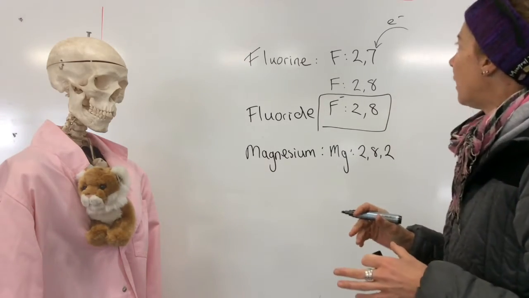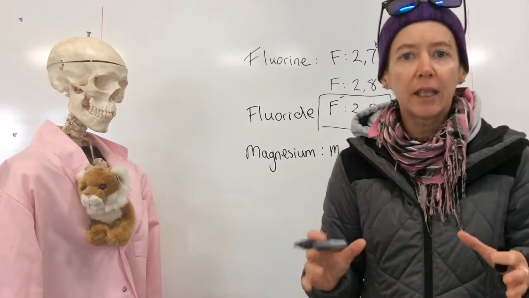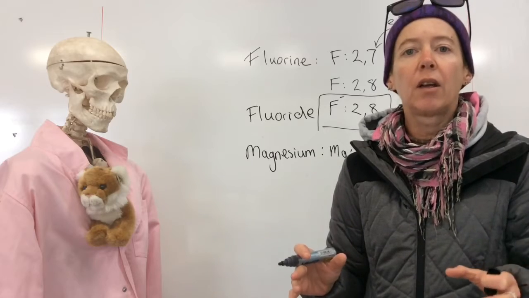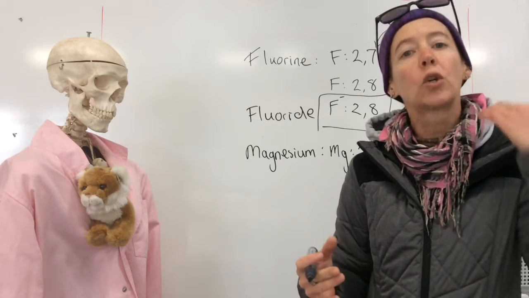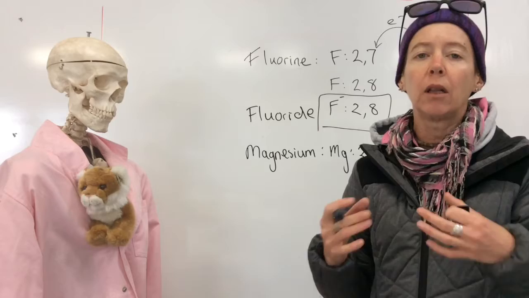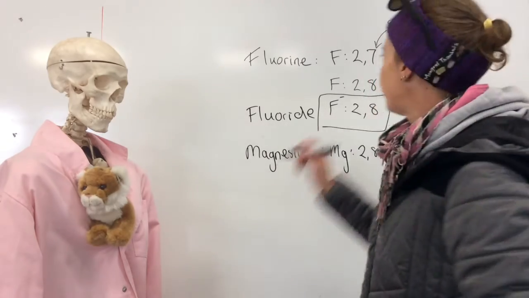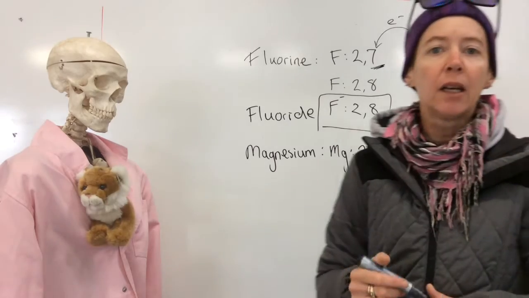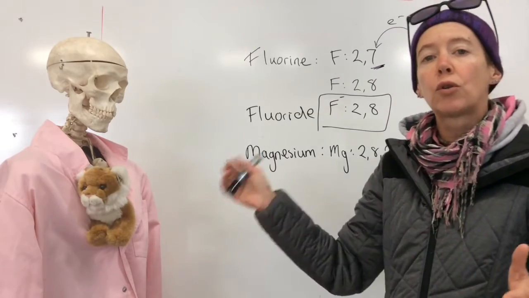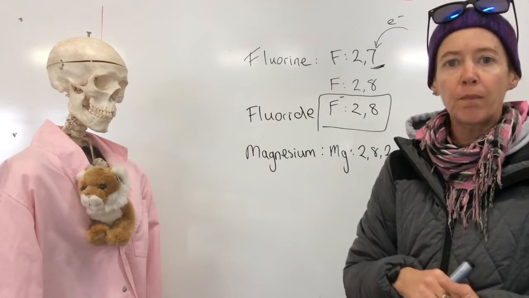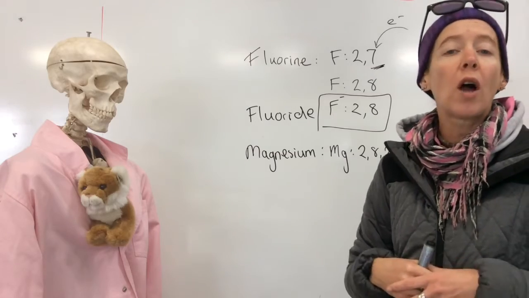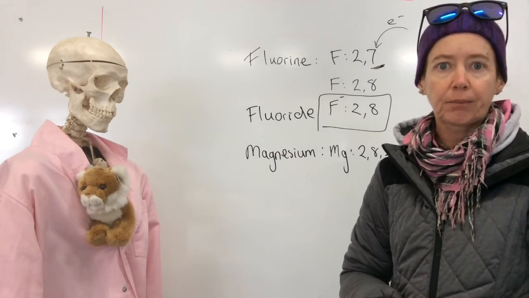Remember, all atoms want is a full outer shell. They're either going to lose or gain electrons or share electrons. At the moment, we're just looking at losing and gaining electrons. It was much easier for fluorine. It had 7 in there already. It's going to be much easier for fluorine to accept an electron than to try and donate its 7.